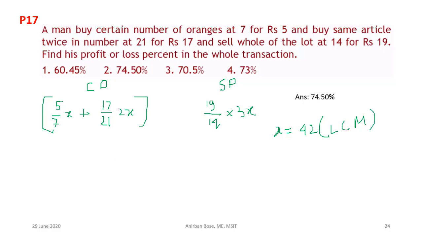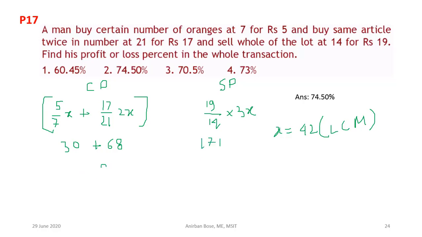So if you put this x as 42, then it will be 7 into 6, so 6 into 5 is 30, plus 21 into 2, 2 into 2 is 4, 4 into 17 means 68. And here, 14 into 3 is 42, so 3 into 3 is 9, 9 into 19 is 171.